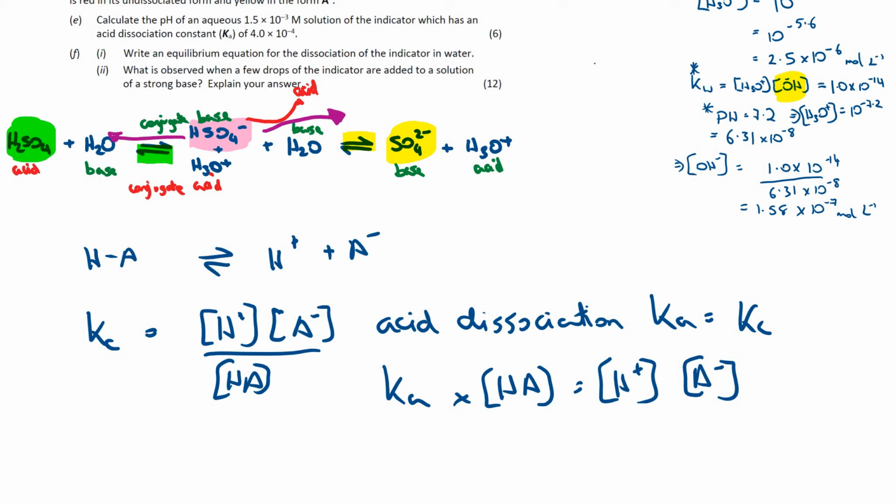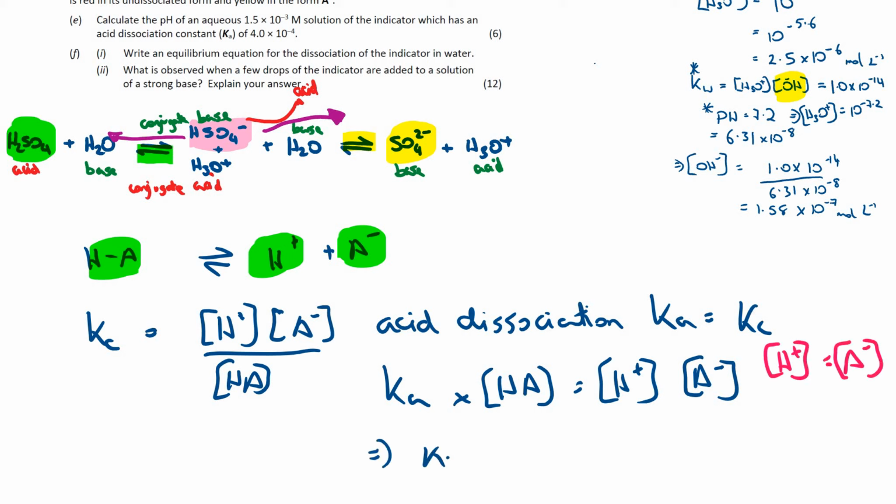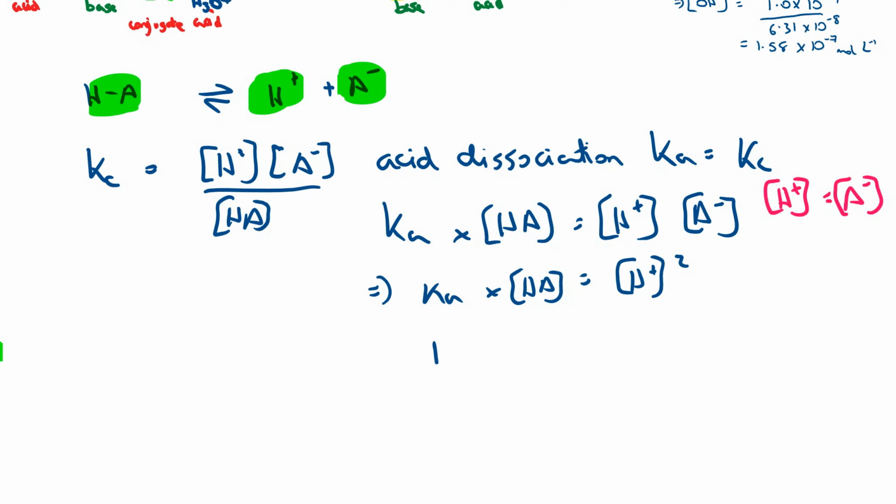But if you look at here, for one of these you get one of these and one of these. So for a mono-dissociation, you've always got the same concentration of H plus as A minus. So H plus equals A minus. Therefore, Ka times HA is equal to H plus squared, so H plus is equal to the square root of Ka times HA.